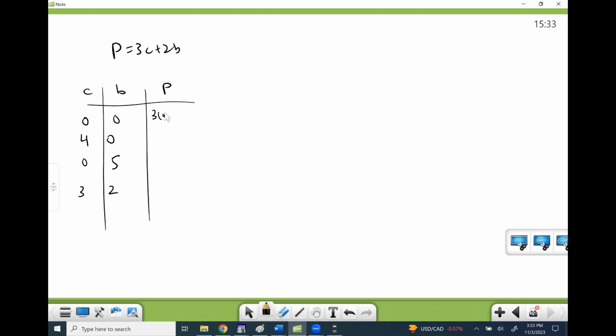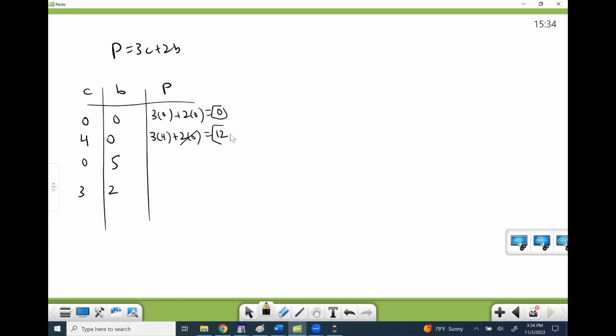So 3 times 0 plus 2 times 0 is just 0. And we're looking for the maximum, so I don't think that's going to be the winner here. Okay, so now I'm going to substitute a 4 in for the C, so 3 times 4, and a 0 in for the B. Well, that's just going to be 12.